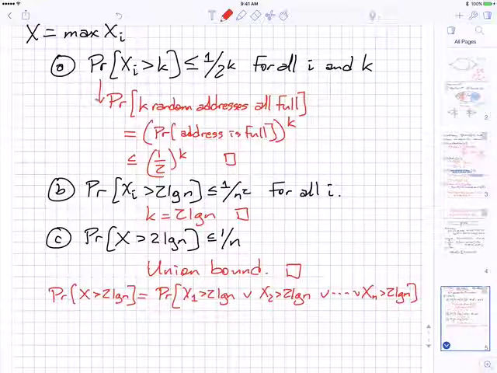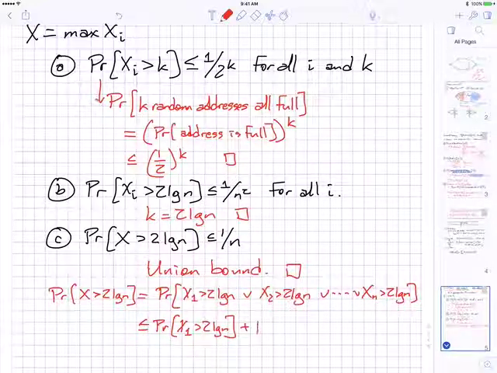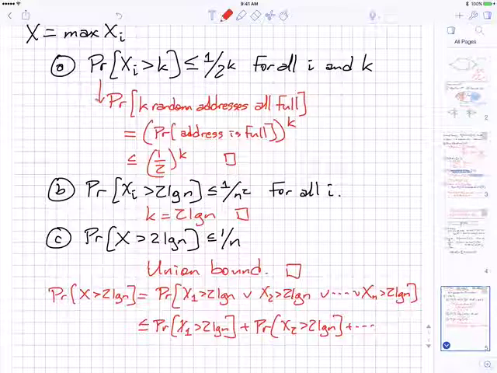And then the union bound says this is at most the probability that x1 is bigger than 2 log n plus the probability that x2 is bigger than 2 log n up to n. And each of these is at most 1 over n squared. Okay.